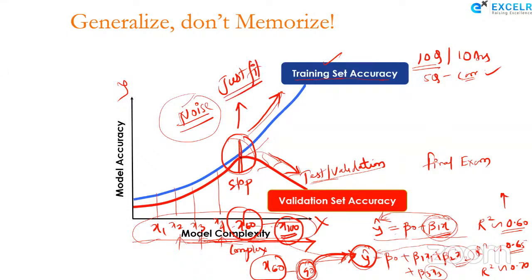The point after which your train accuracy increases but your test accuracy starts decreasing, that is where you should stop making your model more complex. You should not make it more complex beyond that. That is how you achieve the just fit or generalized model.